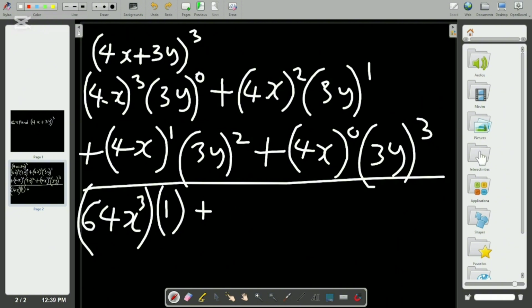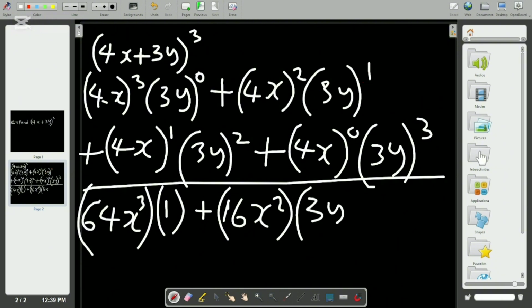So this is going to be 4 raised to the power of 2, which gives us 16x squared, times, what will be the multiplication here? This one is going to give us 3y because the power there is 1. So you now have 3y.